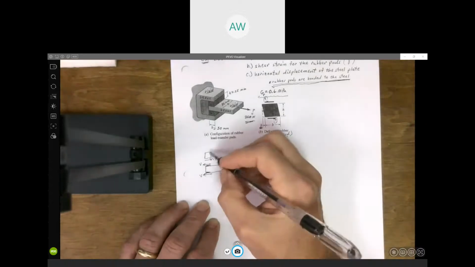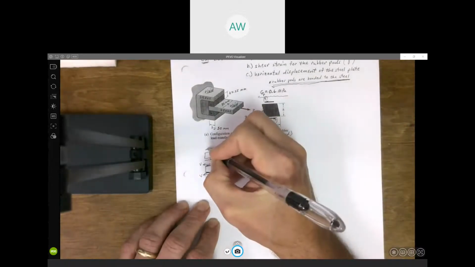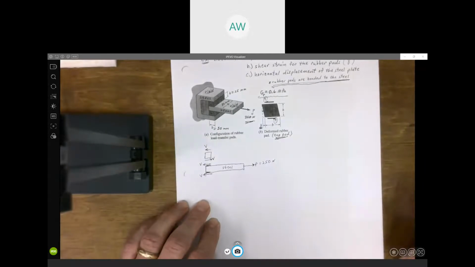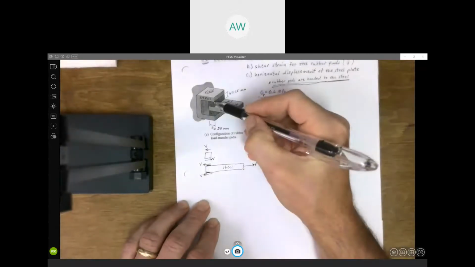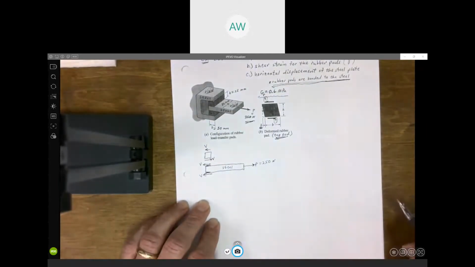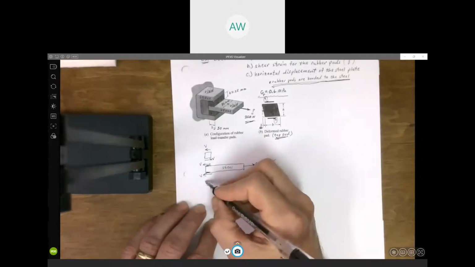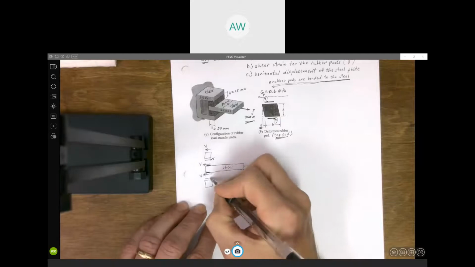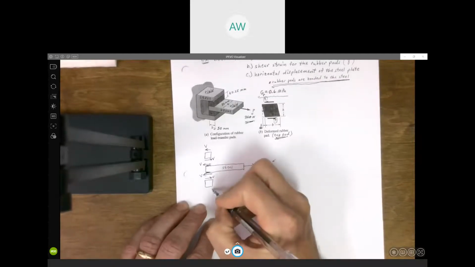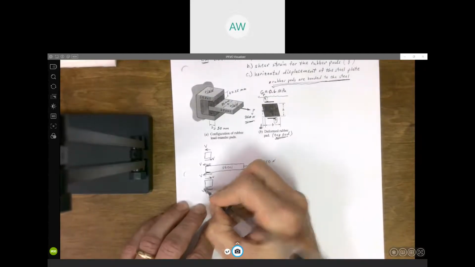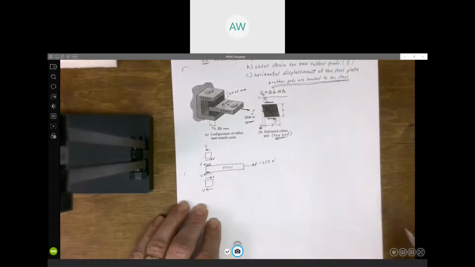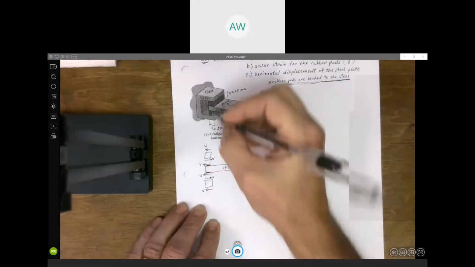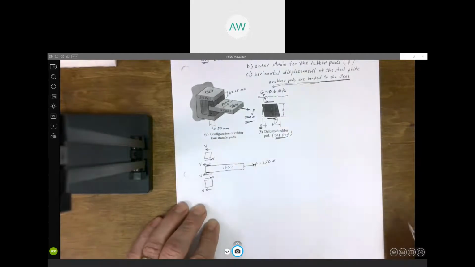And again, the rubber pad is in equilibrium. The same force V is going to be acting on that top surface of the rubber pad as well. And the same thing's going to happen below. If you look at this rubber pad, you're going to have a shear force V in that direction on the top of the pad, and a shear force V, same magnitude, opposite direction, on the bottom surface of that pad.